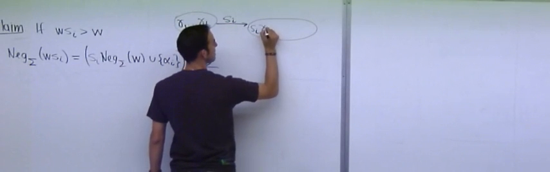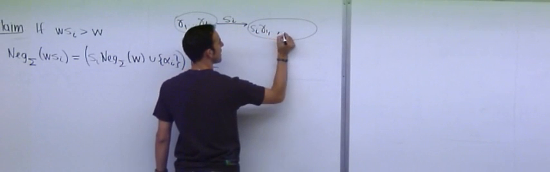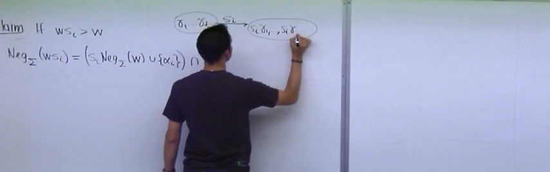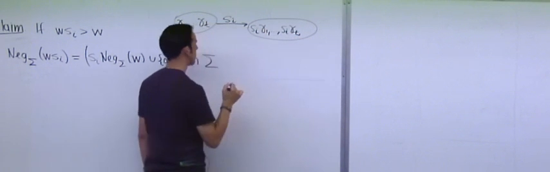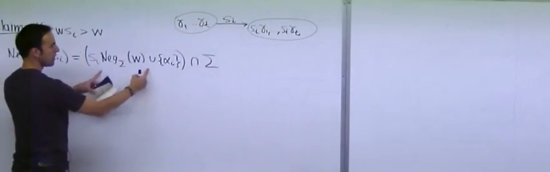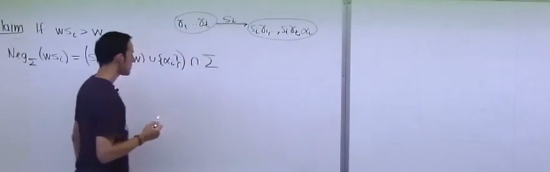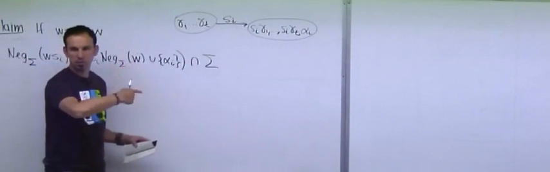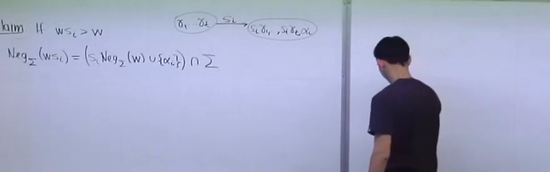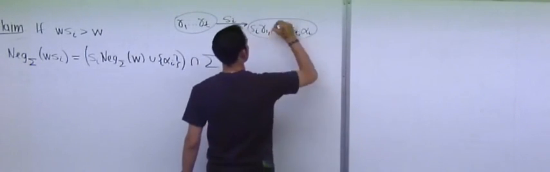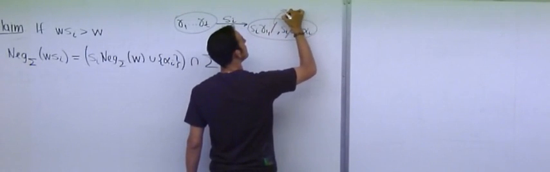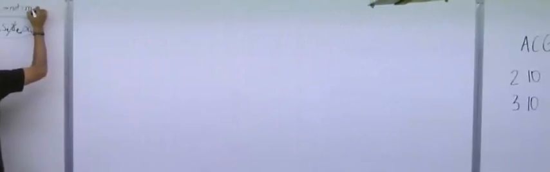We would take these, Si gamma 1 up to Si gamma t. So this is this first part. Then we would add alpha i to this. And then we would just cross off the things that were not small and keep only the small ones.